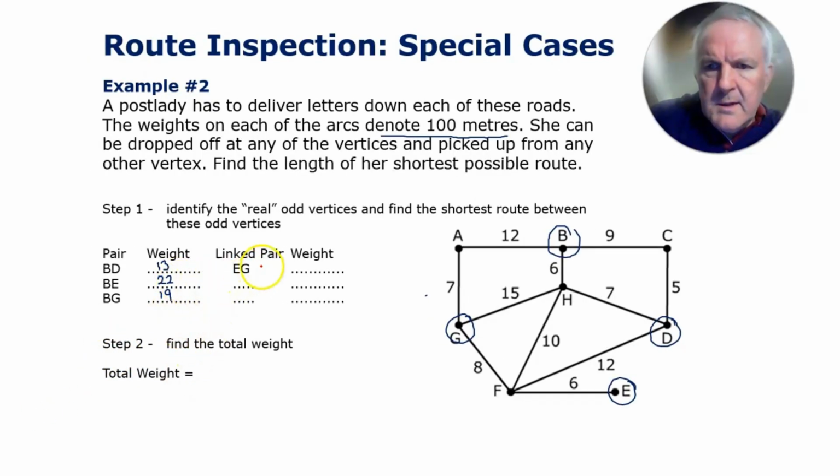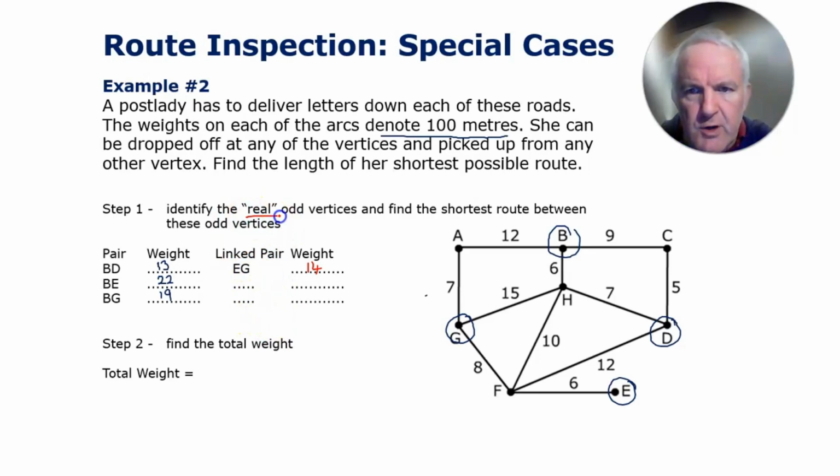Now, with these, I've called them linked pairs. I'm not sure if that's the best description, but BD then is 13, and with it goes EG. So BD I've used, EG is 14. Now, what I'm looking for is the shortest one, because I can start and end in different places. You see, what that basically means is, although all these four are odd vertices, I don't necessarily have to treat them like odd vertices.